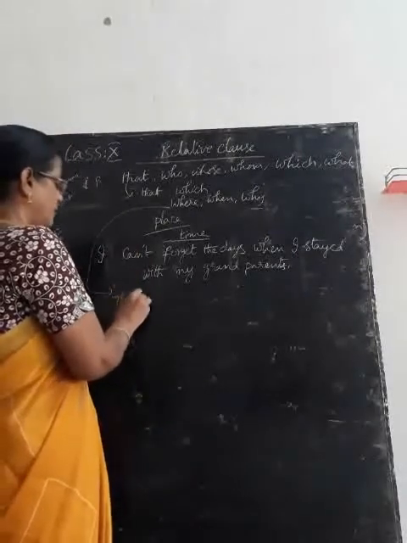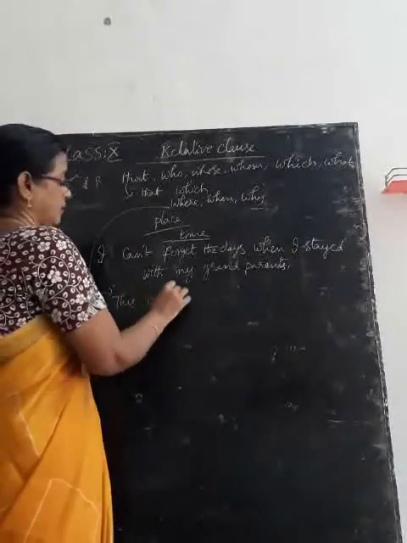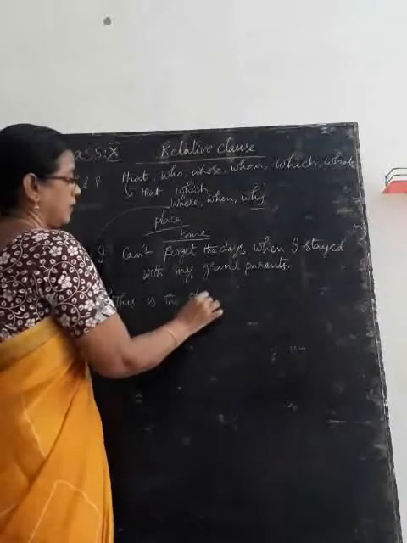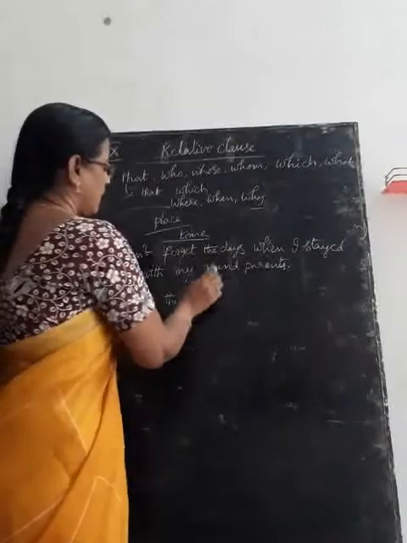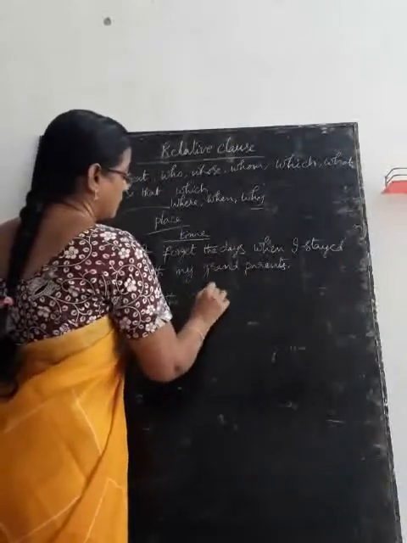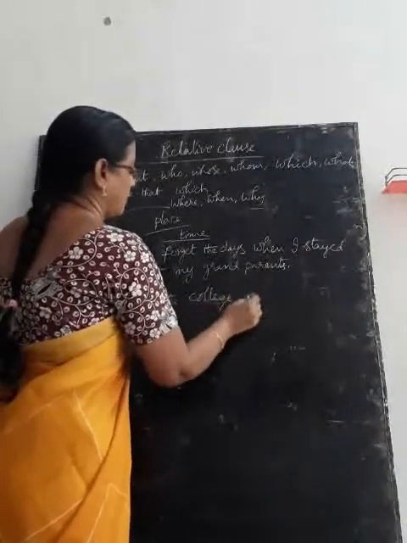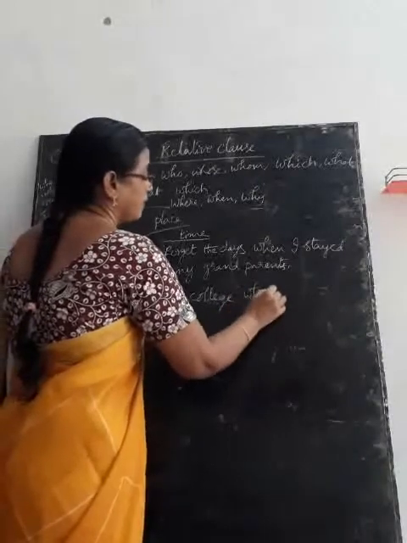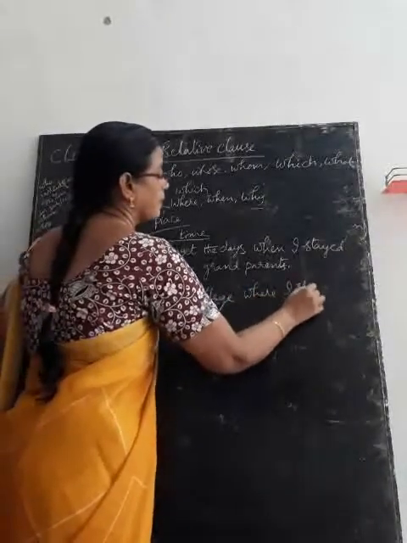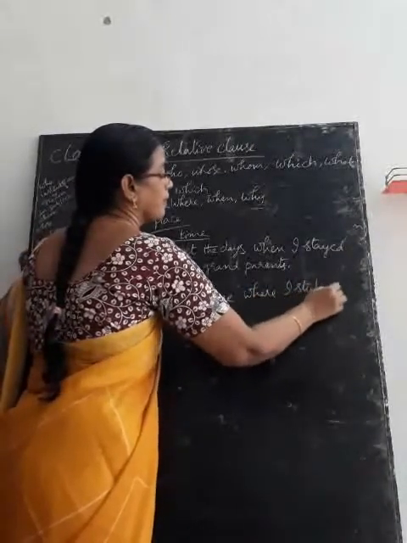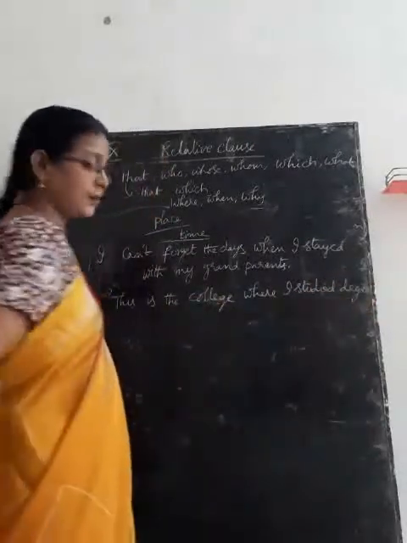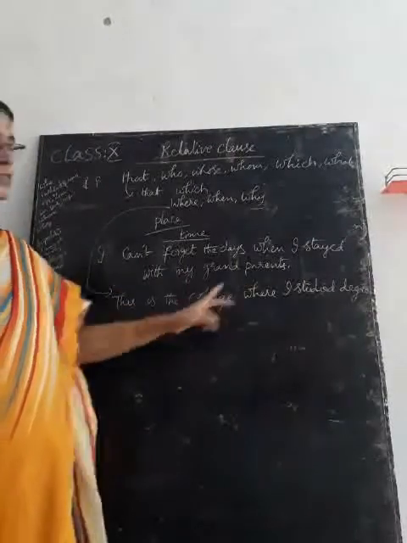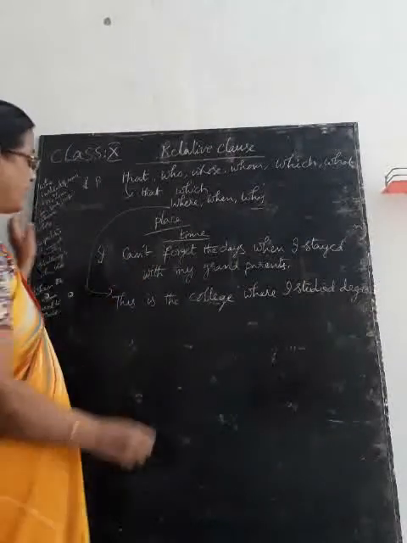This is the college. Place. Here, where is used to refer to place. This is the college where I studied my degree course. Why?